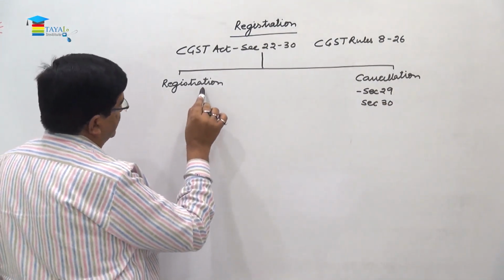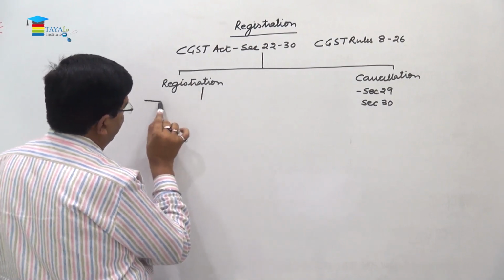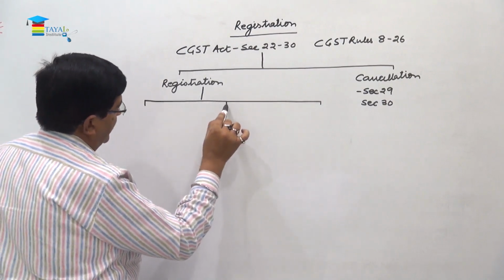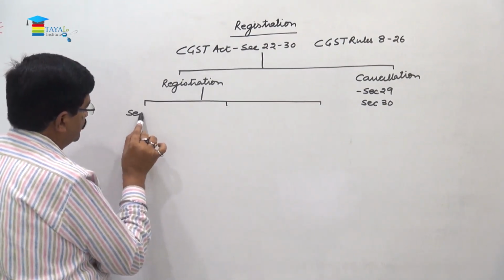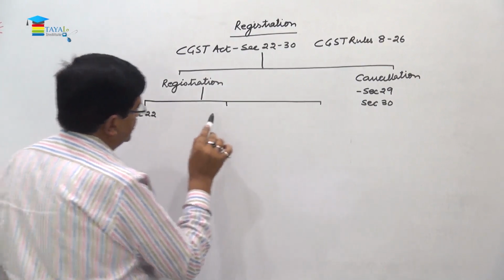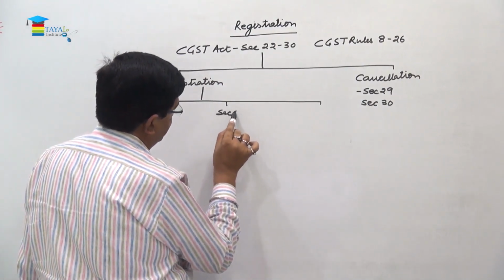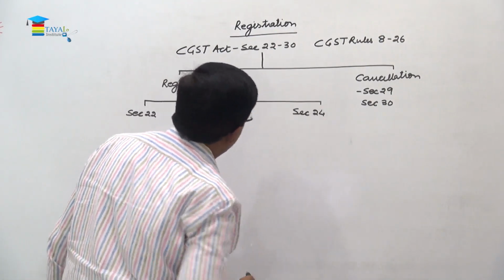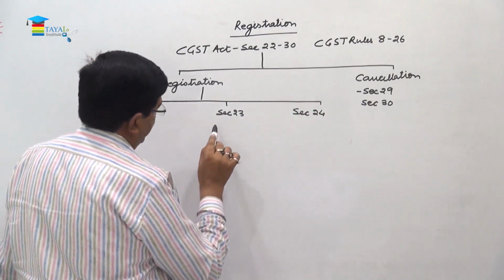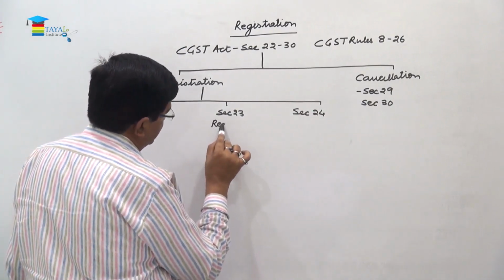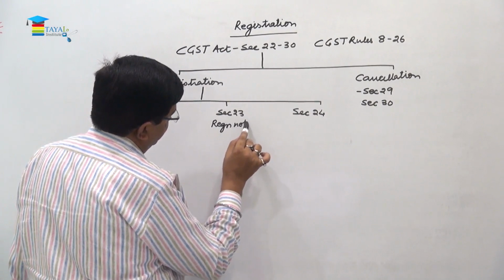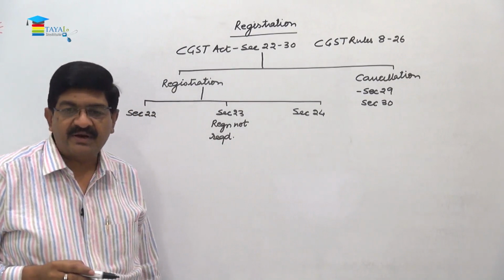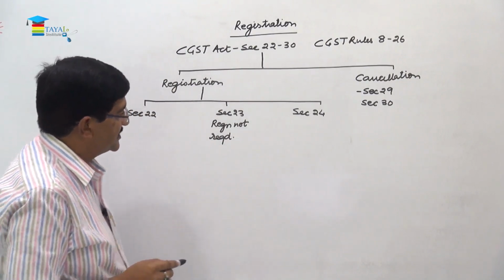For the purpose of registration, this again I will divide it in three parts, and this is section 22, this is section 23, and this is section 24. Under section 23, this is the case of registration not required. So certain suppliers never need registration for the purpose of GST.